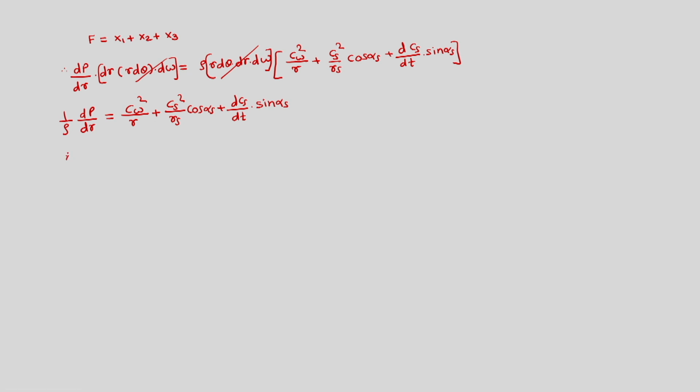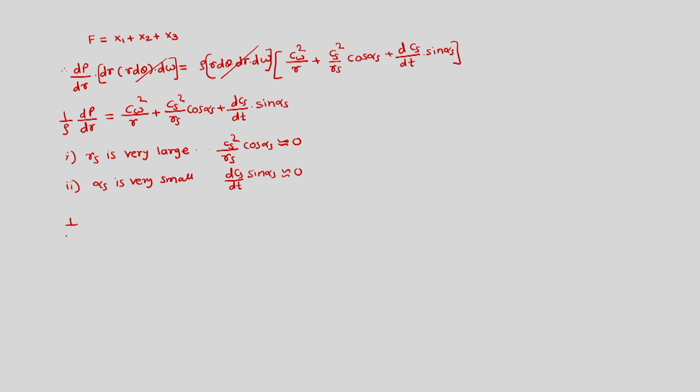First assumption here is that Rs is very large, so Cs square divided by Rs into cos alpha s is equal to or close to 0. Second assumption is alpha s is very small, and this makes dCs by dt into sin alpha s very small, and then that would go to 0.